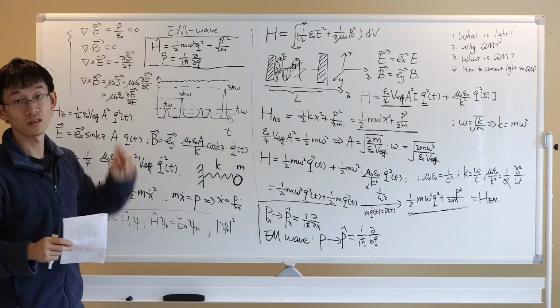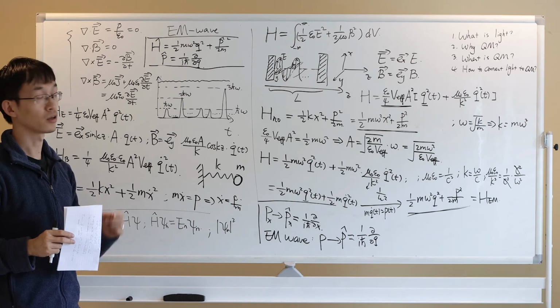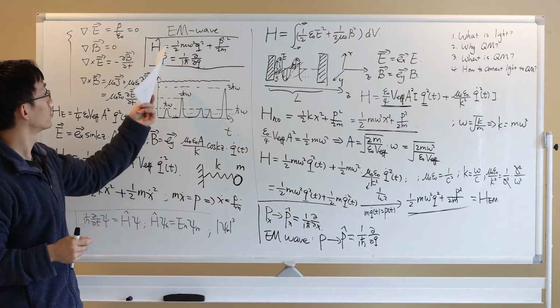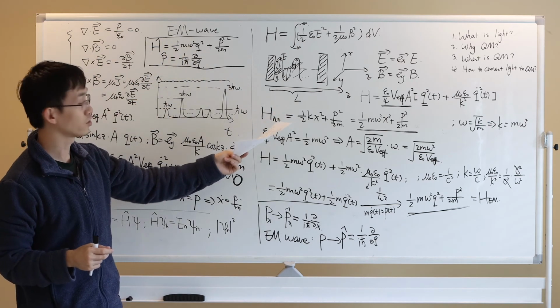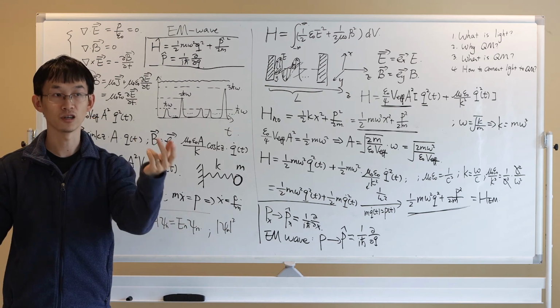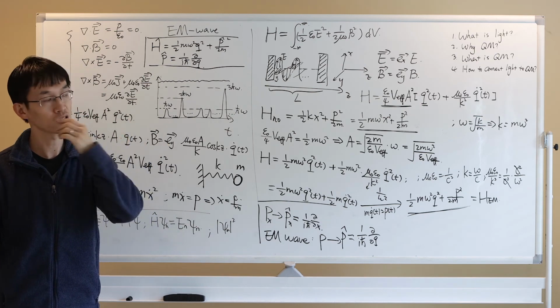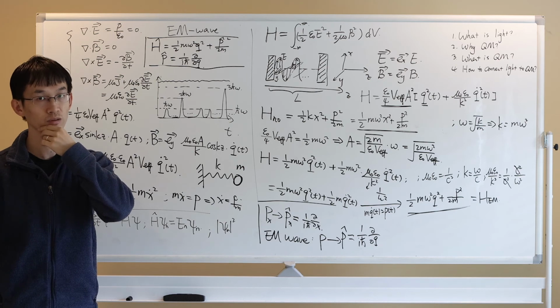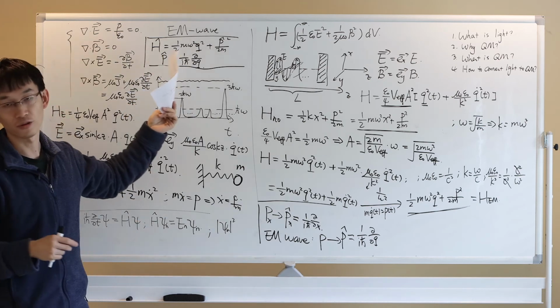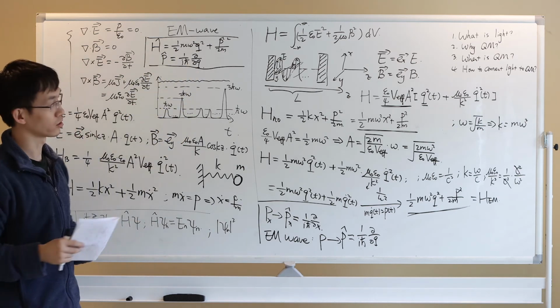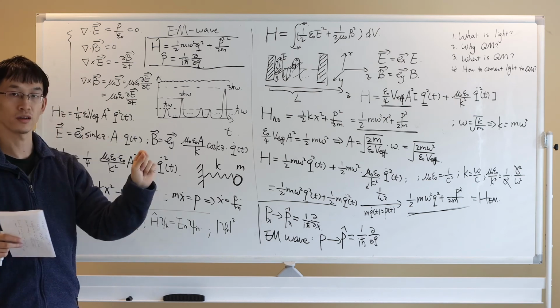This is actually called quantization. You change from an energy which in classical physics is a variable, a number, to an operator. This is called quantization, and it's made in a mathematical argument.